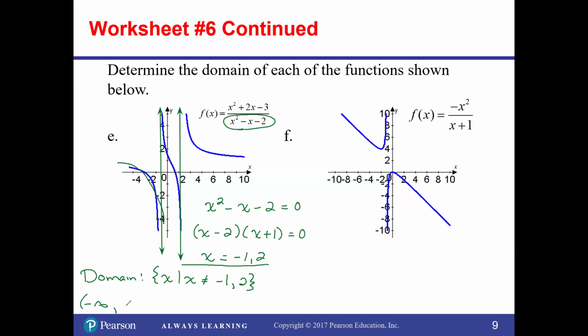So from negative infinity up to that -1, then between that -1 and +2, I have values. And then once again, after that 2 to infinity, just can't have any at -1 or 2. So that'd be my domain.